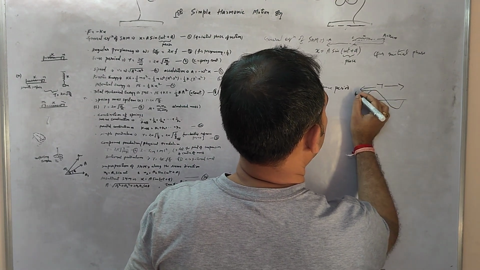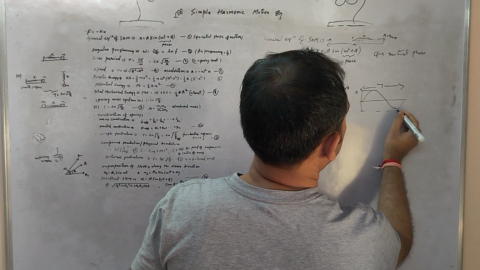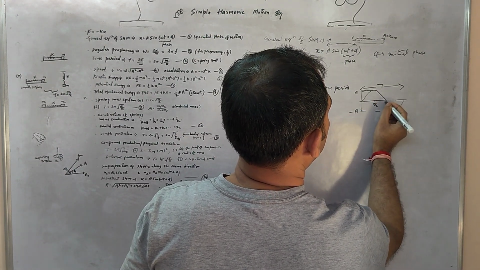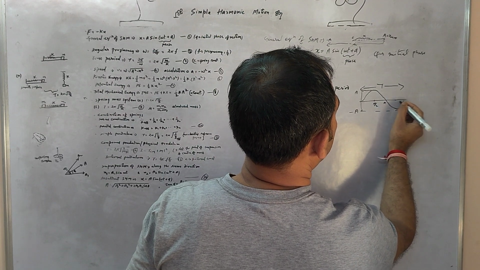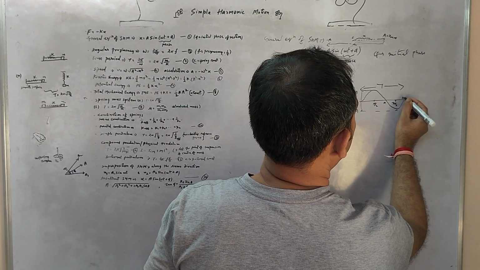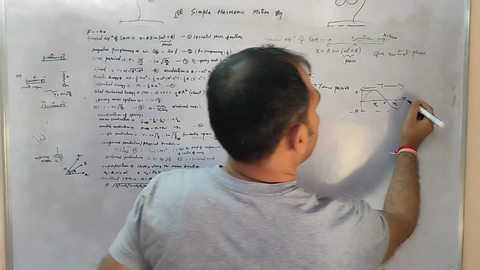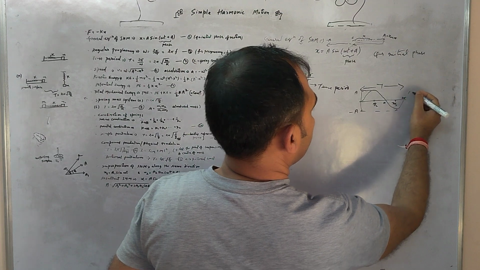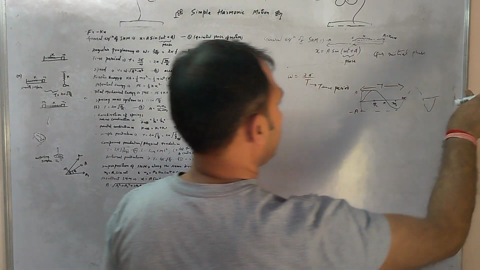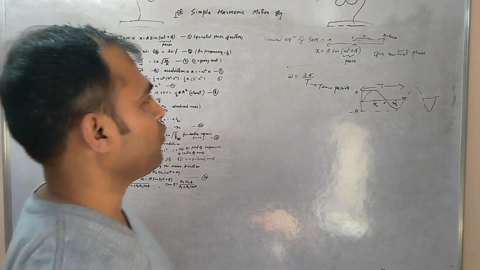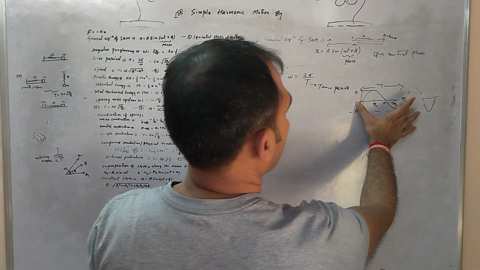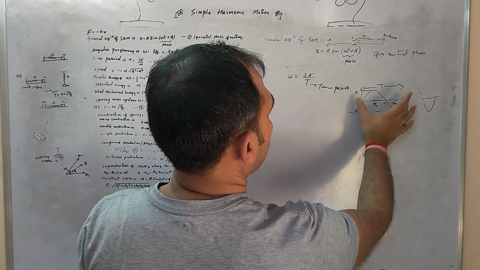This is +A, this is -A, this is pi by 2, this is pi, this is 3 pi by 2, this is 2 pi. Again it will start the same, and will keep on repeating that periodic motion. So time period is the time taken for one cycle to complete.